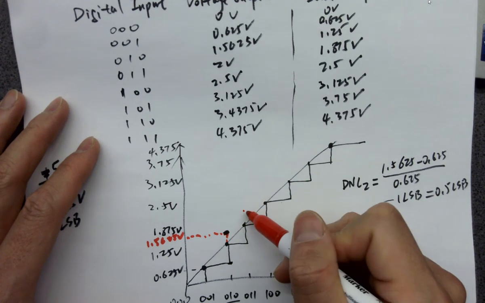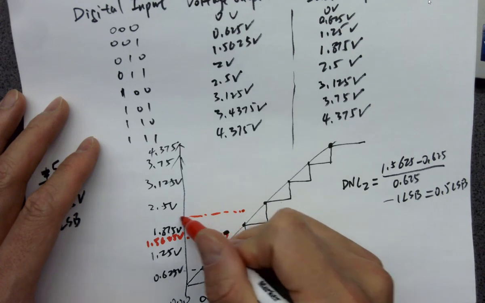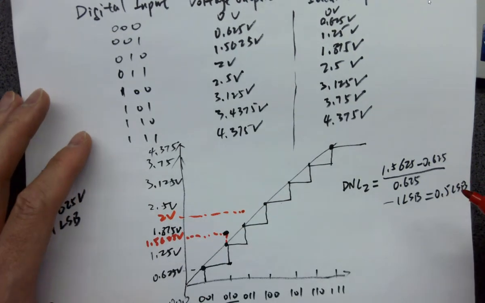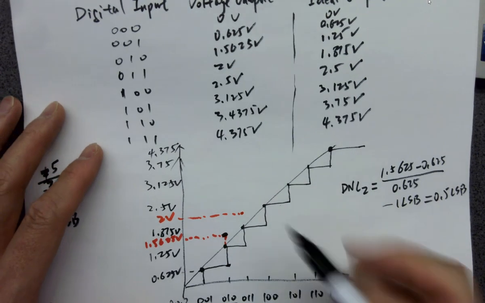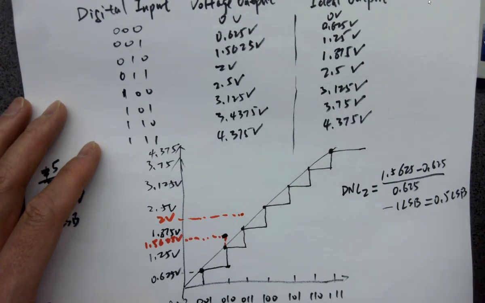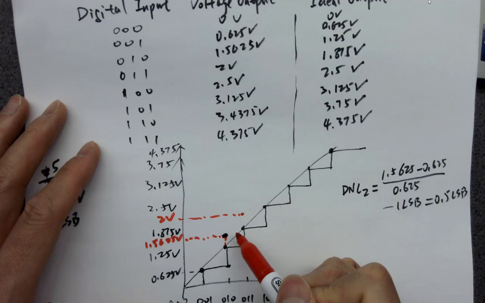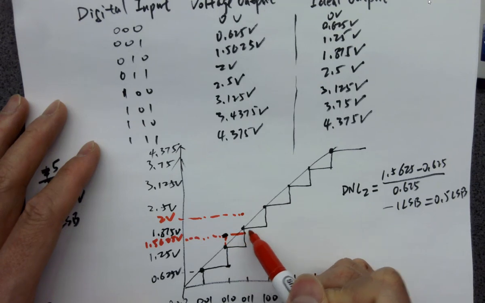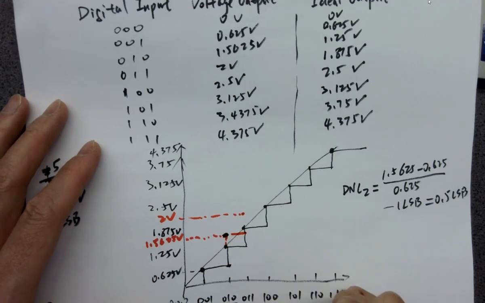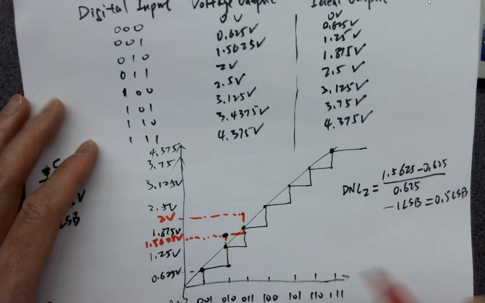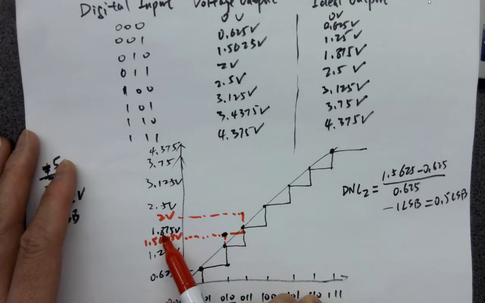It's below 2.5, so it should be labeled here, 2 volts. Which means this one got extended to here, and directly jumps whenever it reaches this digit. It jumps to 2 volts instead of 1.875.